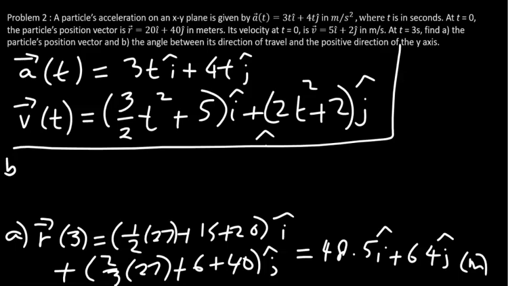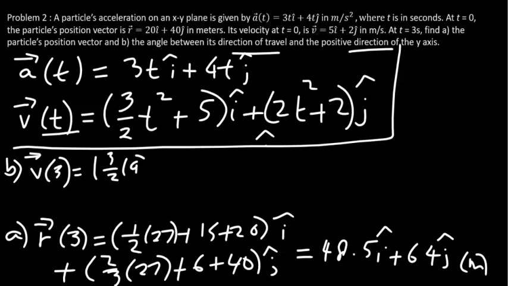Part B, the angle between the direction of travel and positive direction of the y-axis. Direction of travel is given by the velocity vector. So let's determine the velocity vector at t equals 3 seconds. So substituting t equals 3 in this expression, we get 3/2 t squared, that's 3 squared, 9, plus 5 i hat.